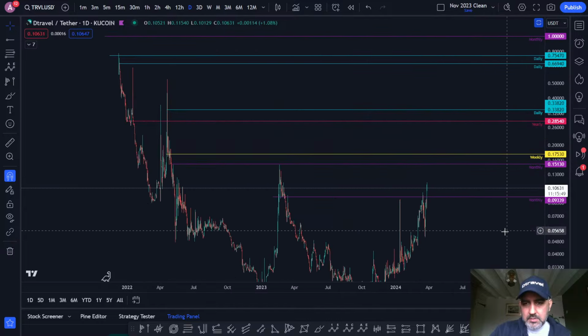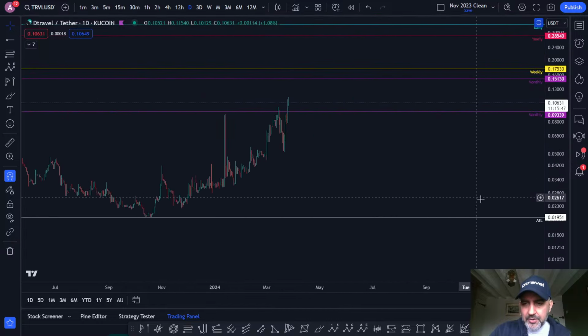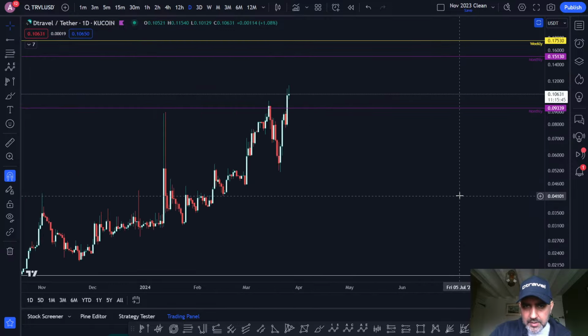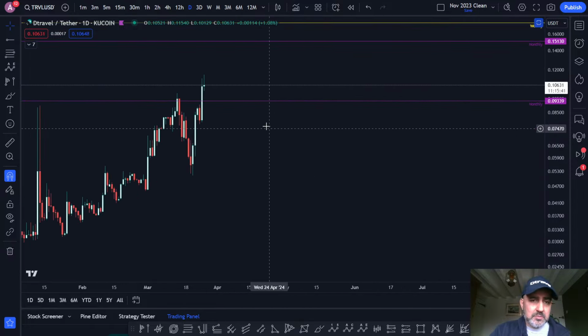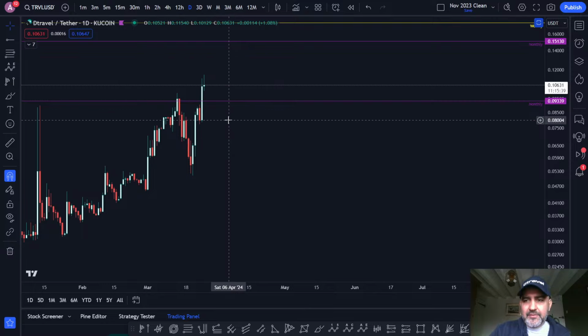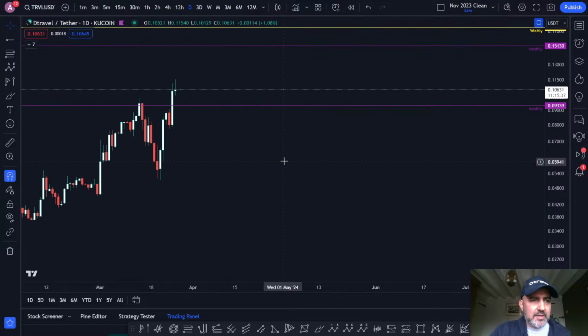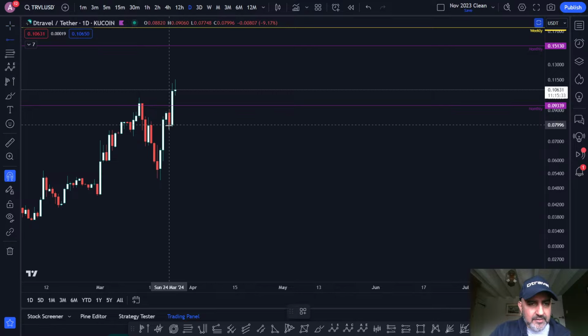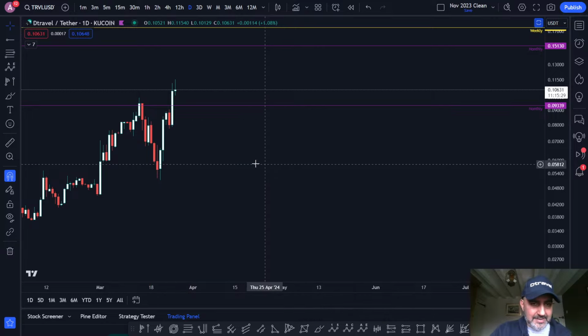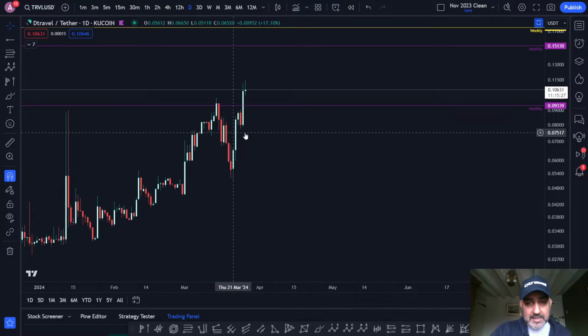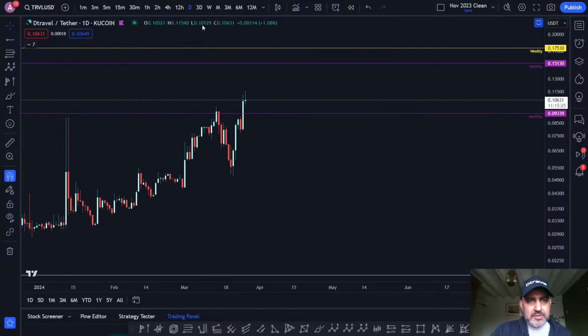Okay. We have lower levels here, but I'm not going to draw them. If you were suddenly to lose the monthly level, then they'll become more relevant. Like, for example, this one here, you see, that's a daily level there. But I'm not foreseeing us going back down to 8 cents, but you never know. So it's just something to bear in mind.